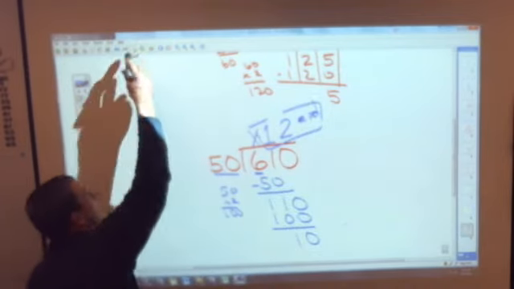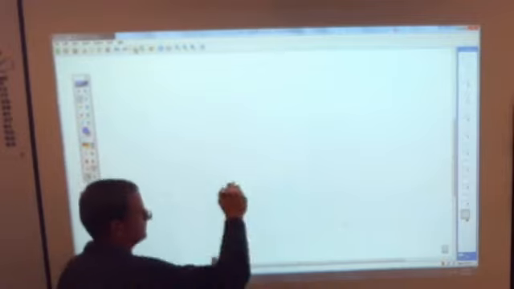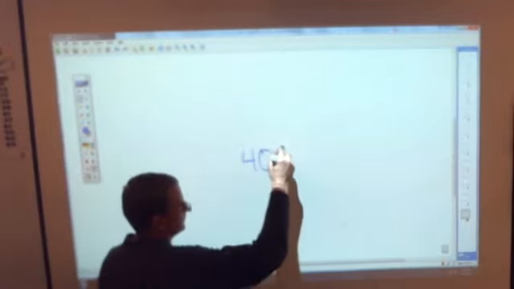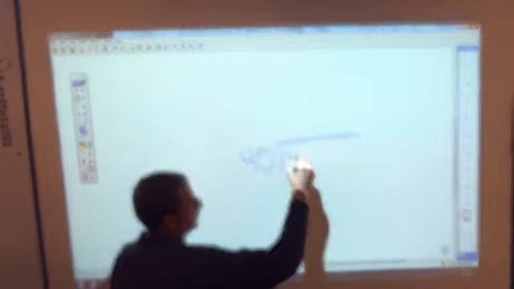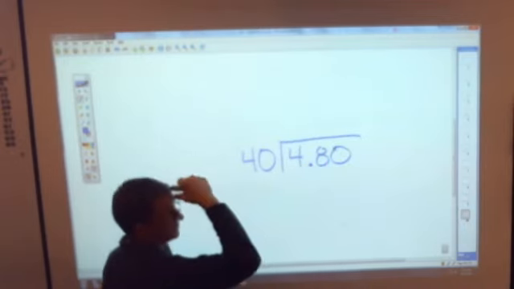Let me give you one for you to try. How about, let's do a dollar problem. 40 into $4.80. You can ignore the decimal until the very end of the problem.